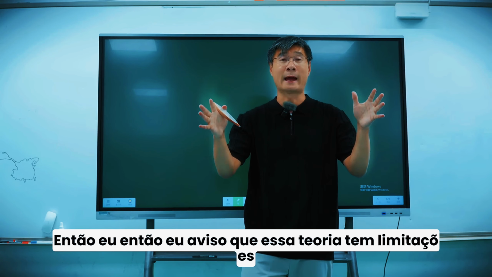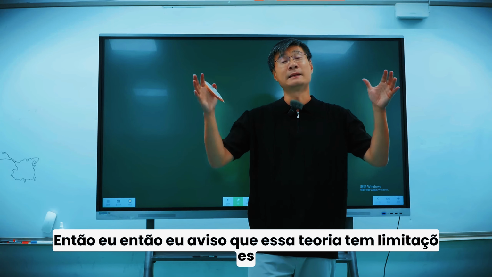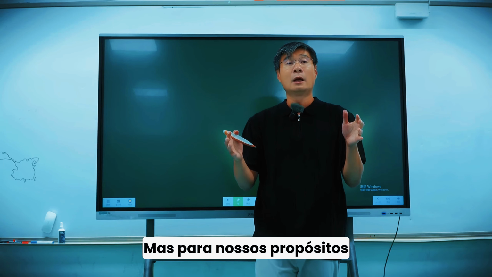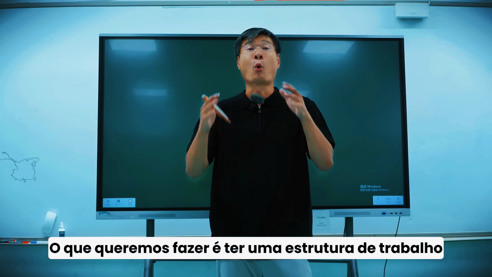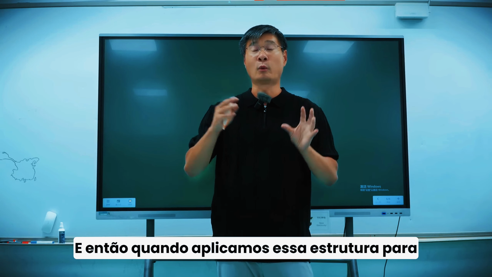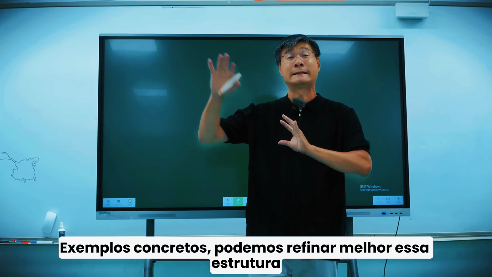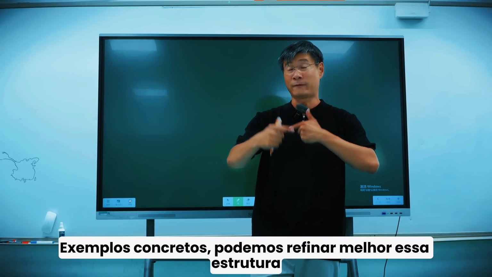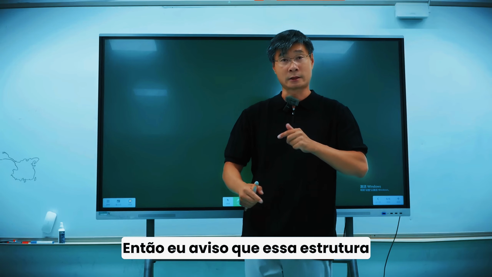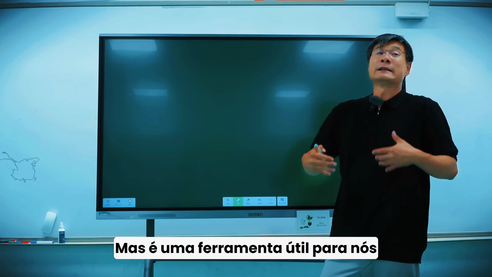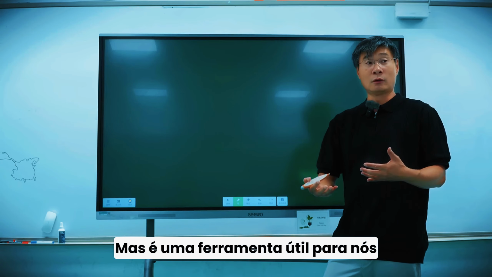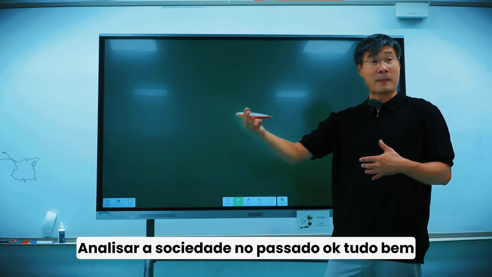So I warn you that this theory has limitations. But for our purposes, what we want to do is have a working framework. And then when we apply this framework to concrete examples, we can better refine it, okay? There are a lot of problems with it, but it is a useful tool for us to analyze society and the past, okay?